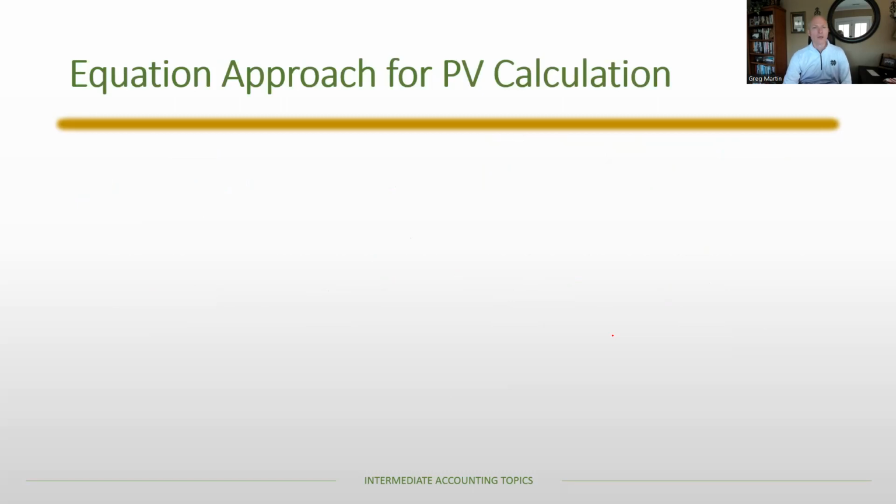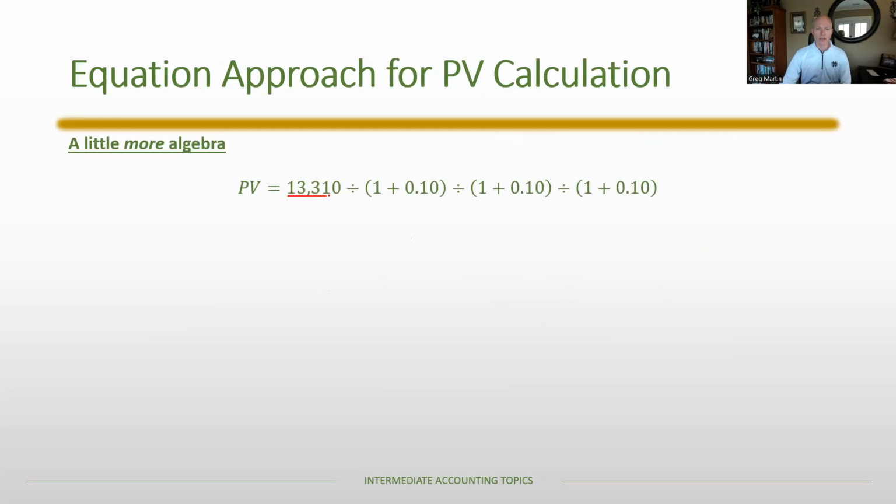All right, so the equation approach. We're going to talk about an equation first. Again, you need to know this equation and be able to apply it. There's a little more algebra here. In this case, we have the 13,310, and the way that you discount using an interest rate is you divide by 1 plus whatever that interest rate is.